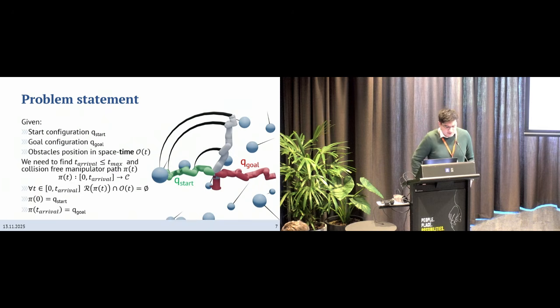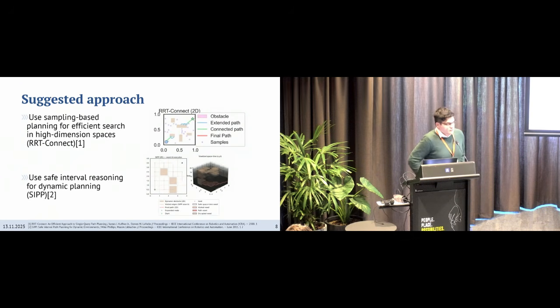Now let's formulate the problem. We are given a start configuration, a goal configuration, and obstacle positions in space and time. And we need to find a collision-free path from the start to the goal, so that the arrival time will be less than the maximum bounded time T max. To approach this problem, we use two main ideas.